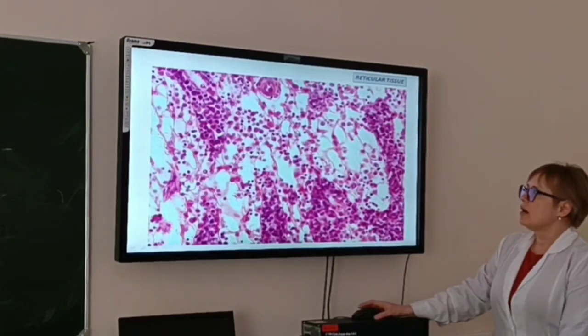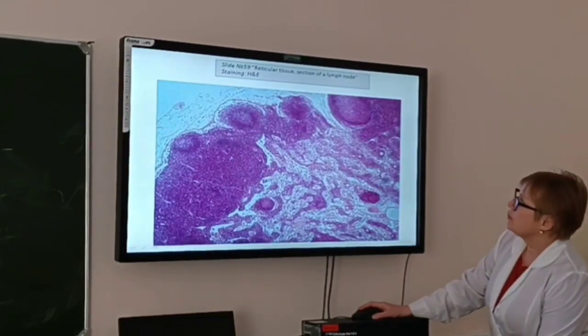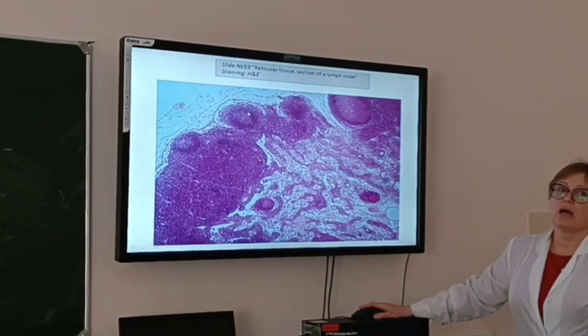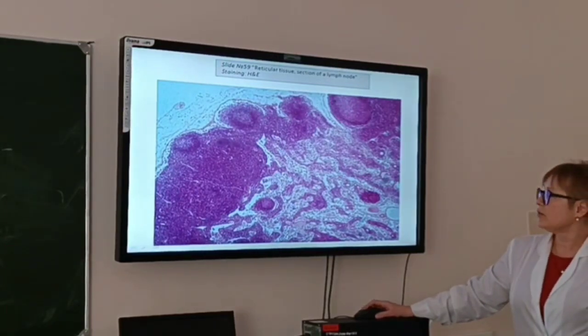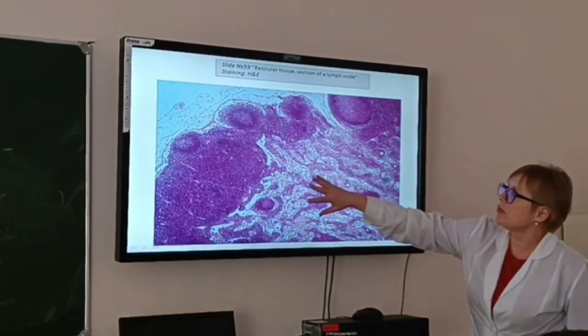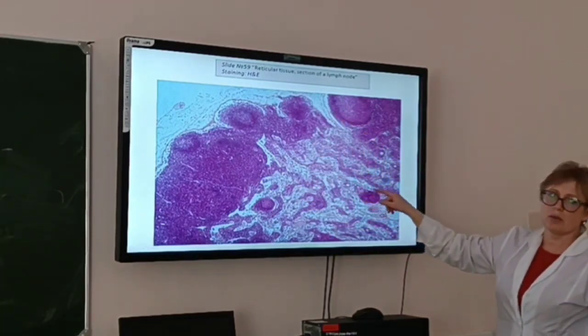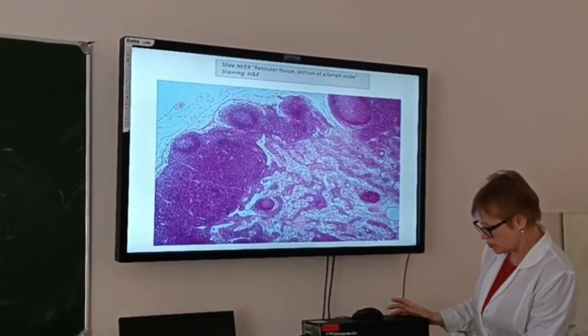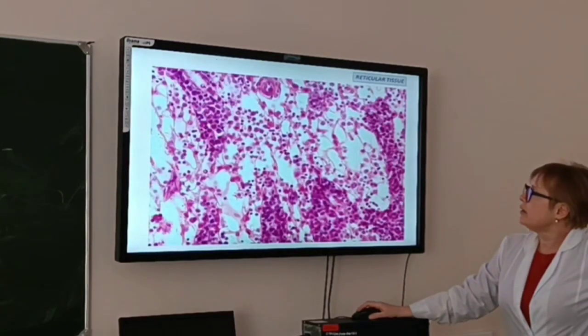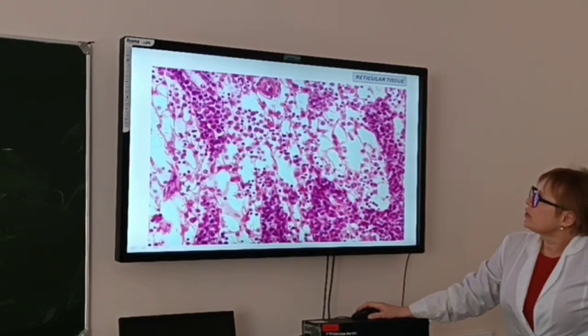This is a lymph node, where we can see a peripheral dark part and a light central part, and when we examine the light part with high magnification, we receive such a picture. A cell with a light enough nucleus with processes will be a reticular cell. Dark small cells between them will be lymphocytes.